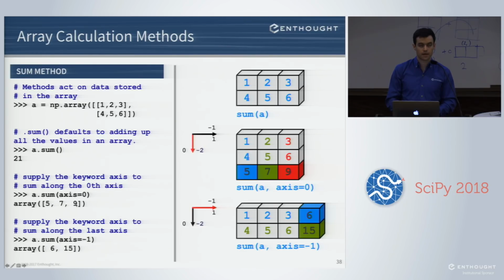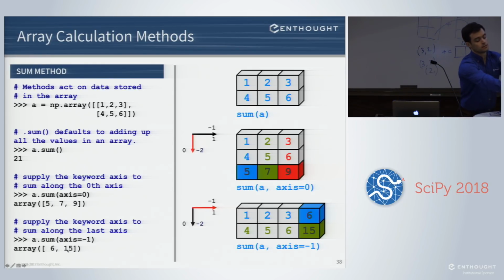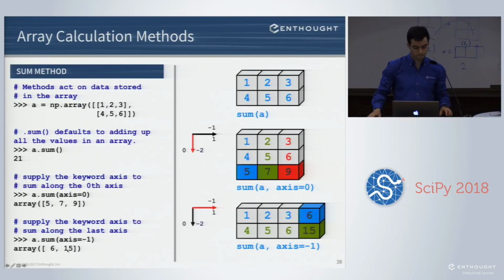Here I started with an array that's a 2 by 3. And I specified axis equals 0. So I'm operating along axis 0, and that dimension is going to get collapsed. I'm going to end up with only 3 values.